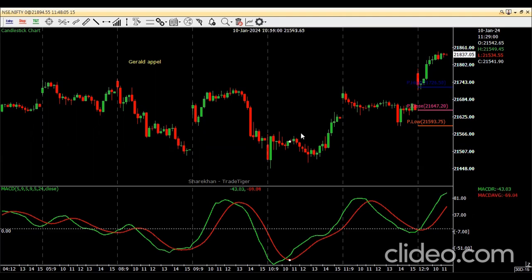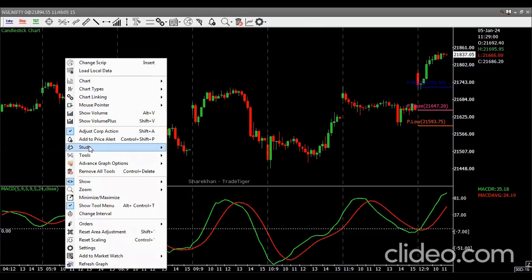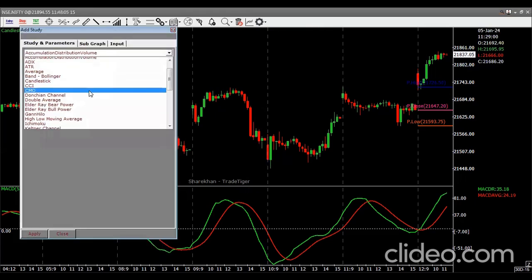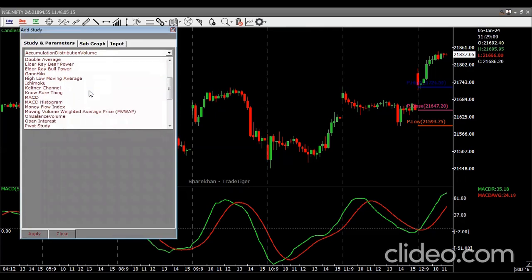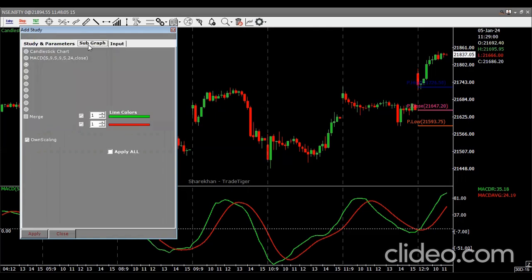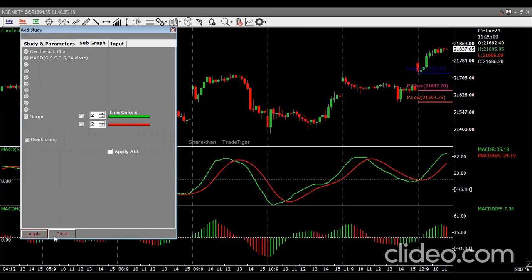One more part of this indicator we can search for in the indicator column is the MACD histogram. This is an additional part. Let us add this feature also.